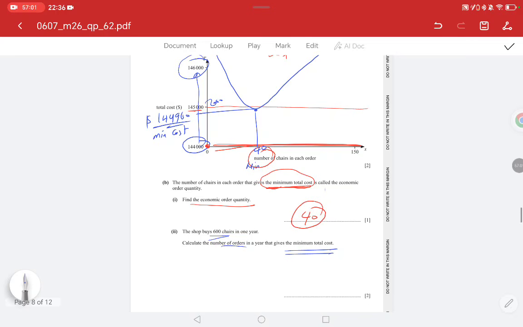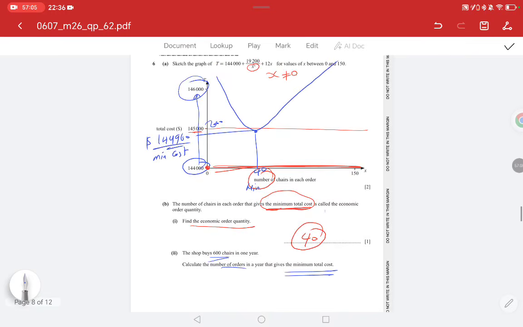What was the formula for this? We had this formula before, right? Let's see.